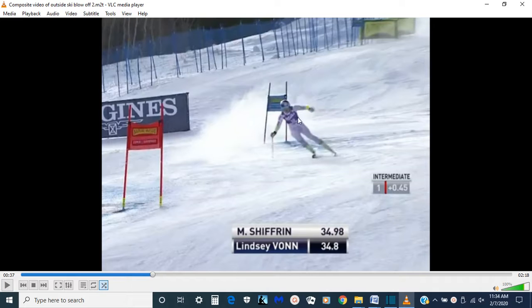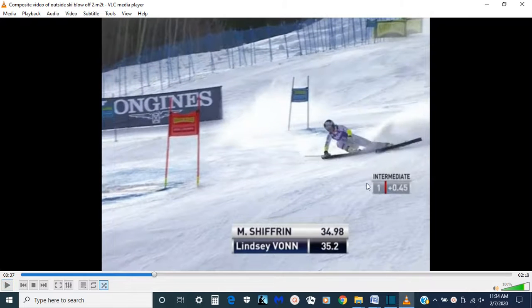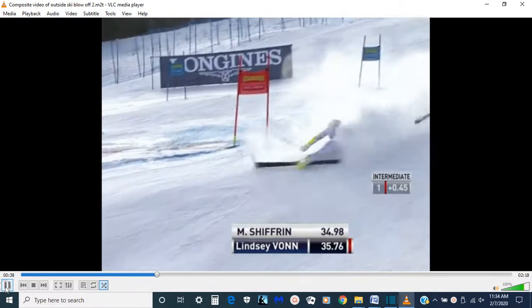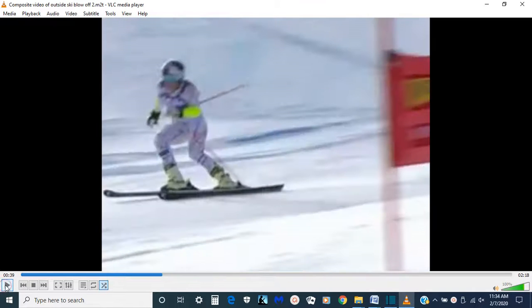She has no counter rotation. She's chasing her ski tips. Chest chasing ski tips. That's wrong. Yeah, see that arm go up, right? Without counter rotation, her outside leg is laid out like an outrigger, right? No weight on it, right? You see how it's flopping around there? Boom, it blows off.